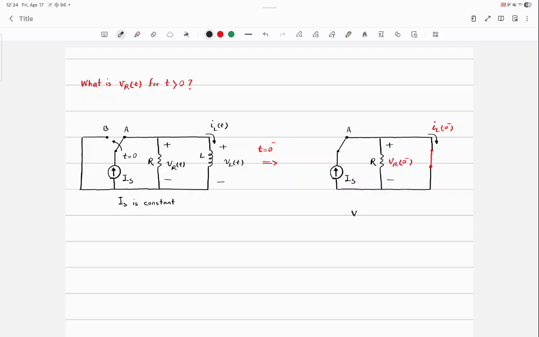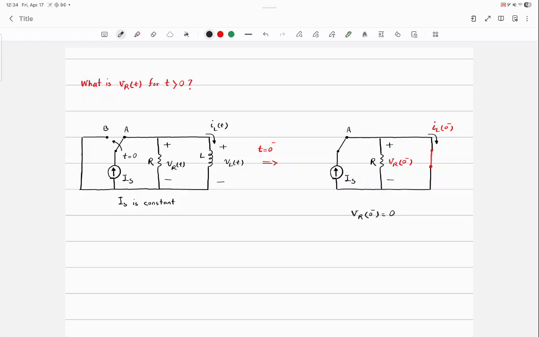Can someone tell me what is VR0 negative? It's 0. Why? Because the resistor R is shorted out. What does it mean when something is shorted? There is no resistance. No, the resistance is still there. What doesn't pass through it? There's no current passing through that.